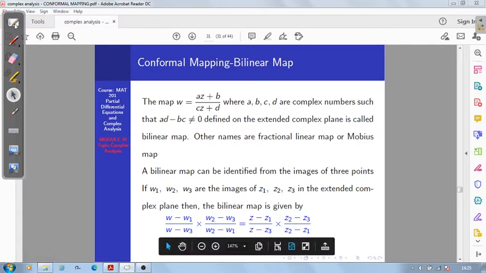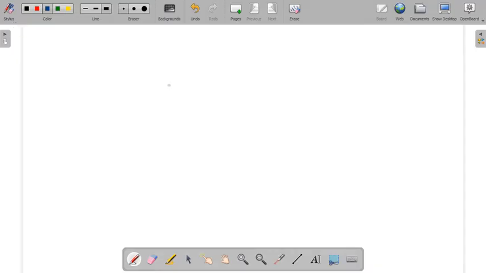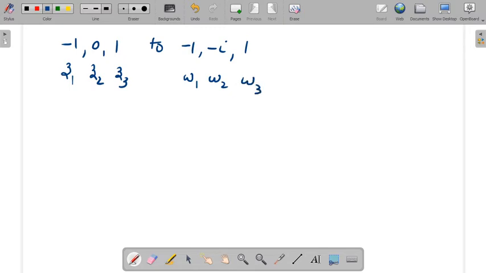We are going to find the bilinear map which maps the points -1, 0, 1 to 2, -I, 1... to -1, -I, 1. So we name these points as Z1, Z2, Z3 and these as W1, W2, W3.